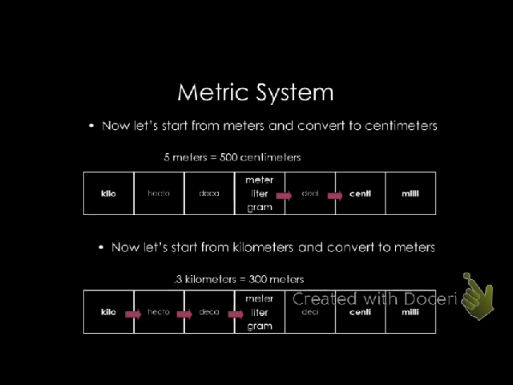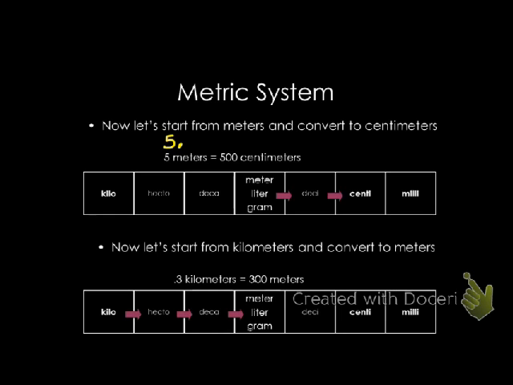Now imagine we wanted to go from meters this time down to centimeters. Let's say we start with 5 meters to go to centimeters. Since centimeters are smaller, it will take more to make the same amount. We would move our decimal point 2 places, this time to the right. If we start at 5 meters, the decimal point comes to the right.